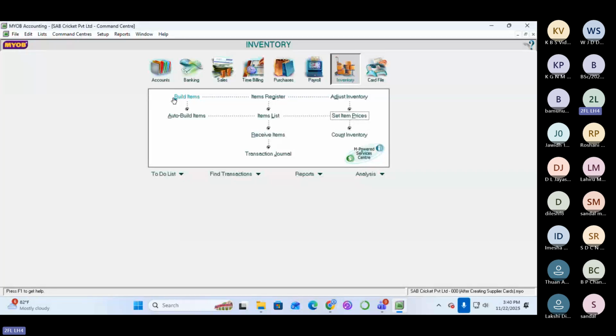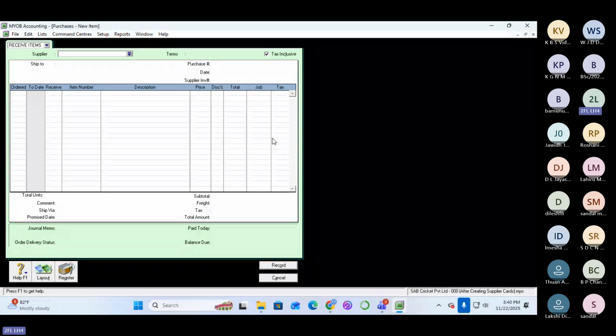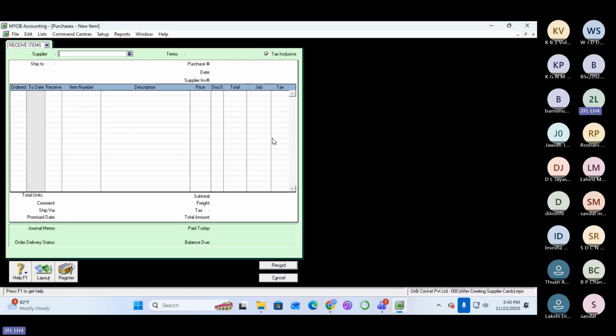this build item option is there. At the bottom here you can see receive items. After ordering items, if you receive those items after placing the purchase order, this option can be used to record them.